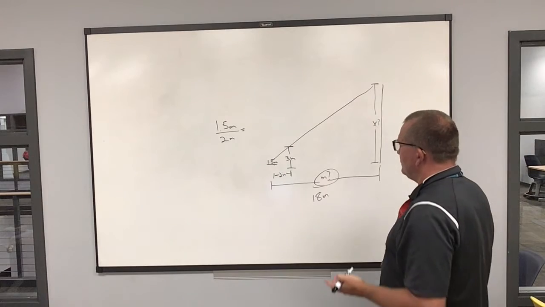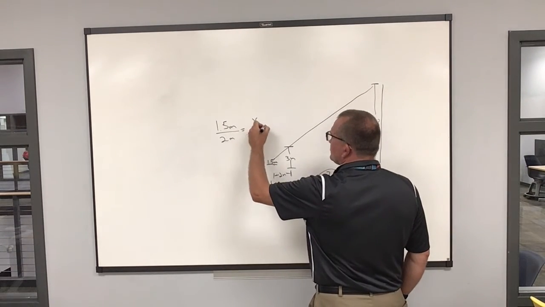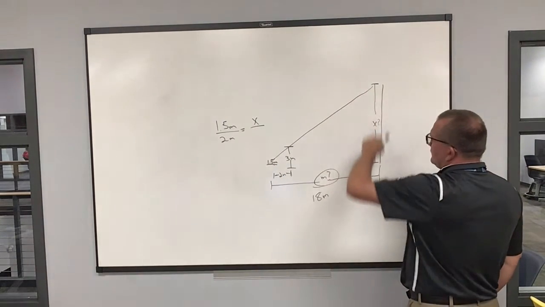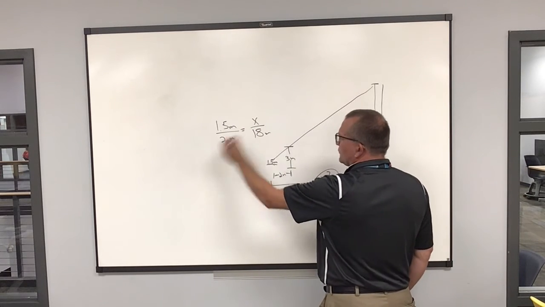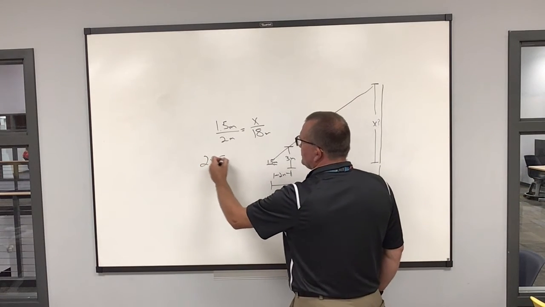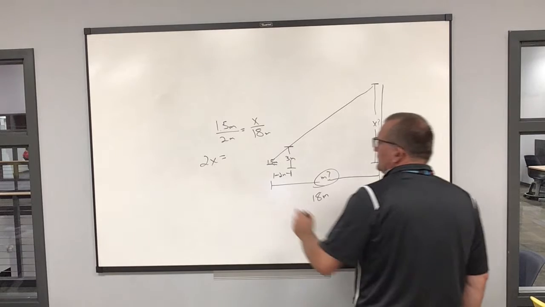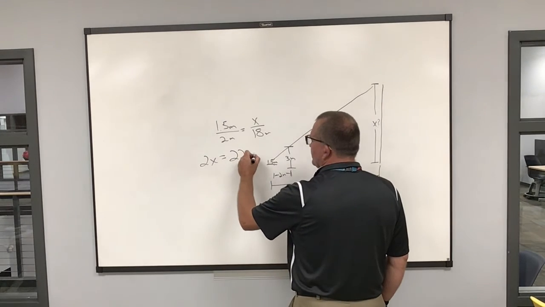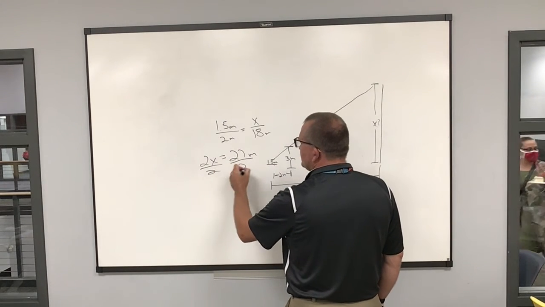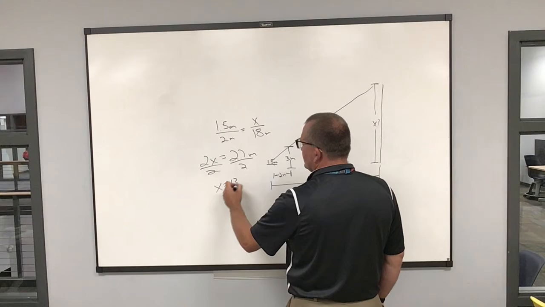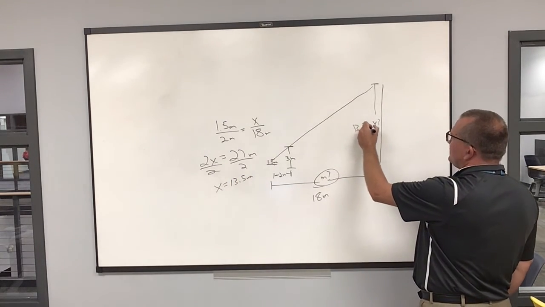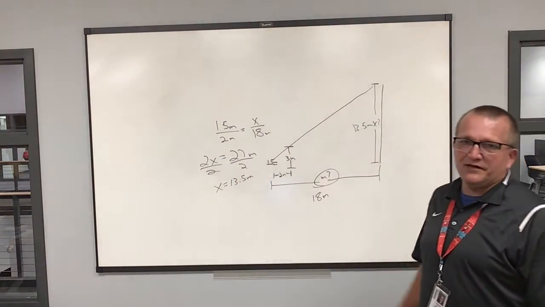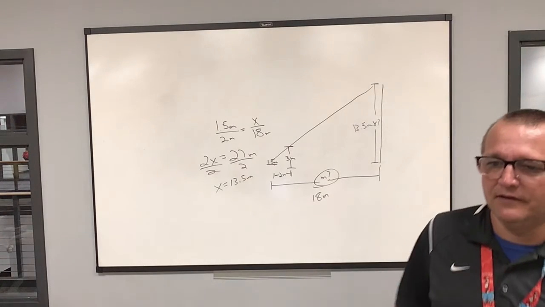We then want to know at what height, x, is it going to be 18 meters? And we just do a quick little cross multiply. So 2x equals 27 meters, divided by 2. X is about 13.5 meters. So we can assume that the height of this building is 13.5 meters given the information that we're providing. Again, an estimate, not necessarily fact.